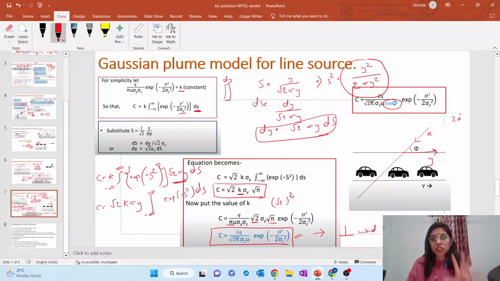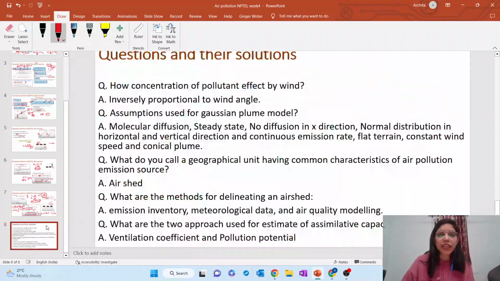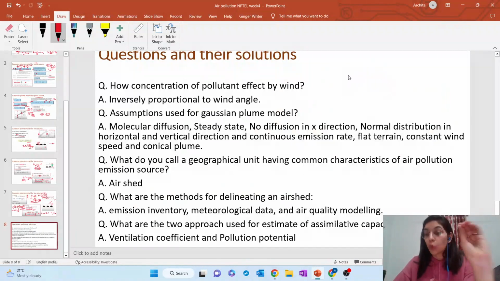Now for the area source also sir has discussed. I will try and explain it in short. For an area source they have used the same formula as the point source.